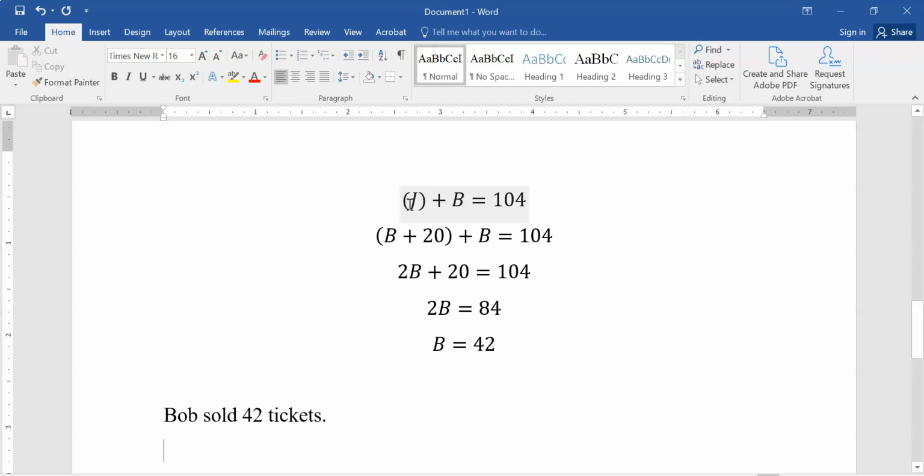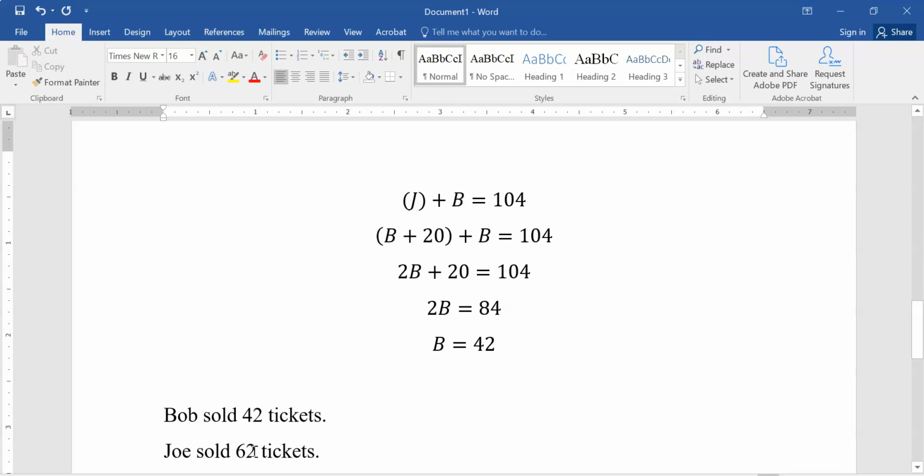And since Joe sold 20 more than Bob, add 20 to 42, he must have sold 62 tickets. Joe sold 62 tickets.